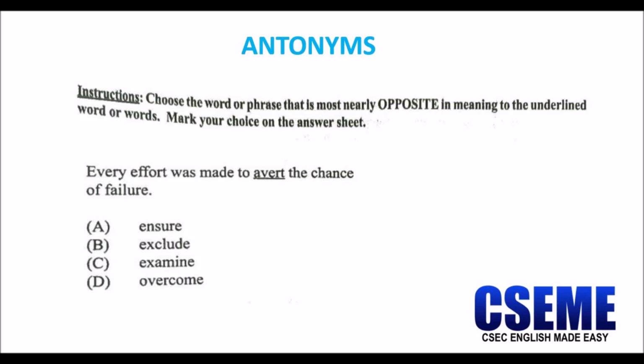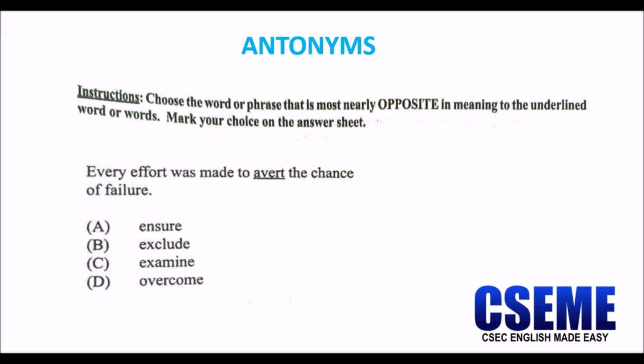But if you're reasoning it out on the exam paper, it might go something like that. So if I look at my options now: A, ensure. B, exclude. C, examine. D, overcome. And remember, I'm looking for the most nearly opposite in meaning.